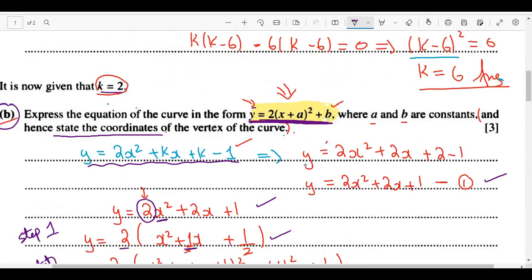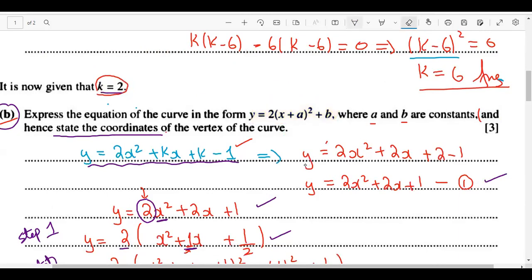So if this is your quadratic equation, the coordinates of the vertex are going to be, x would be -a and y would be b, okay? Whatever number you will have here, you are going to take the negative version of it.